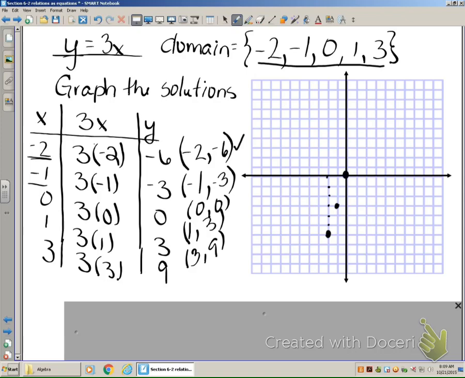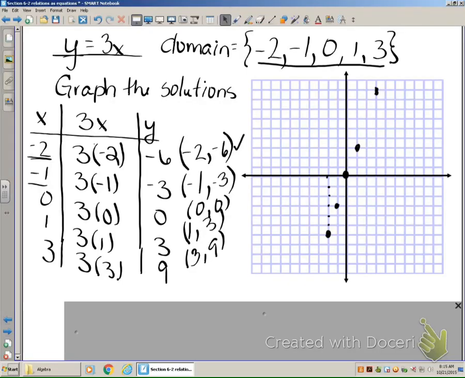Then I have a +1 and a +3, so I go to the right of 0 and up 3. And (3, 9): to the right 3 and up 1, 2, 3, 4, 5, 6, 7, 8, 9. Okay, I skipped 2, which wasn't part of my domain, but I know that it would be in here.